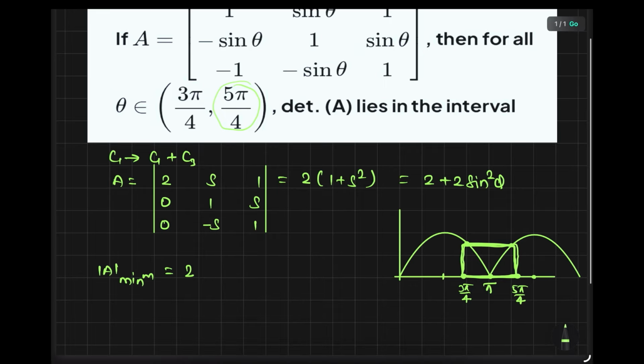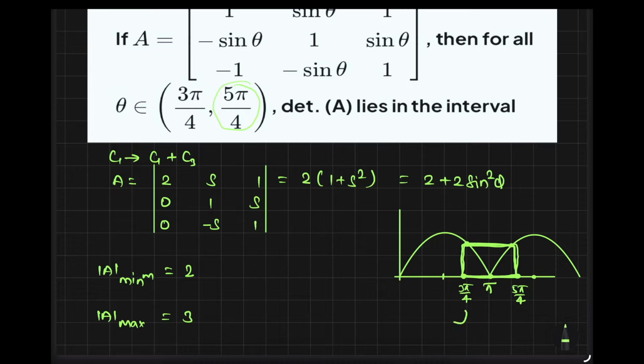Now the maximum of the determinant of A will be over here only. At 3 pi by 4, it is minus 1 by root 2. So minus 1 by root 2 squared will become 1 by 2, and 2 times 1 by 2 will become 1. So 2 plus 1 will become 3.